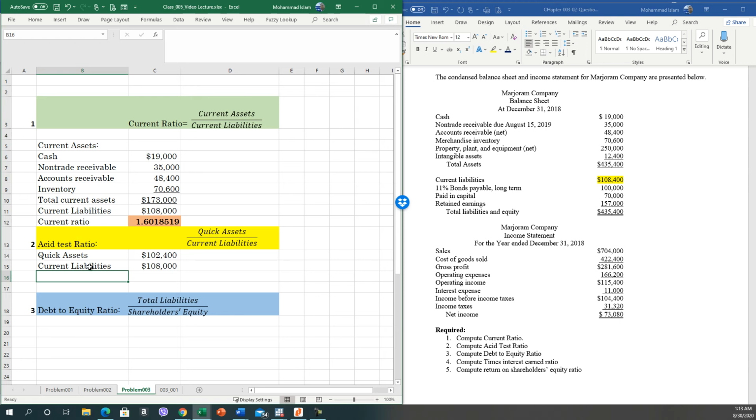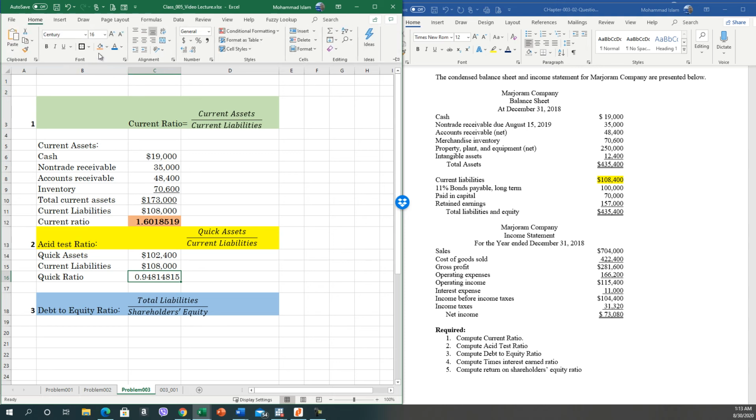So quick ratio would be equal to quick assets divided by current liabilities. So that is 0.94. Okay, which is also good from our previous example we have seen.